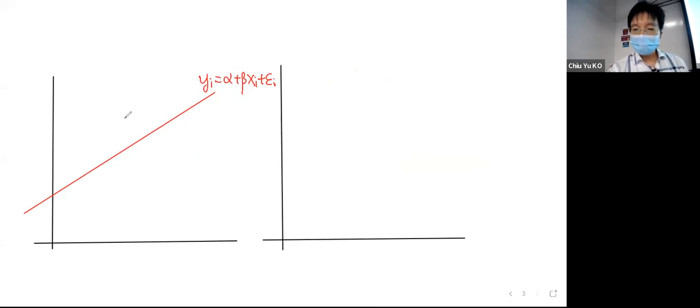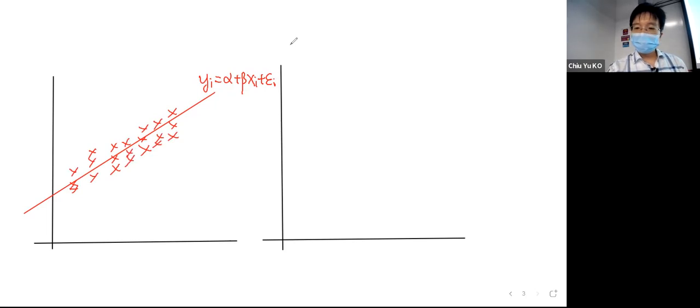So potentially, the data you get will be roughly something like this, according to this line. You don't know which one you will get.